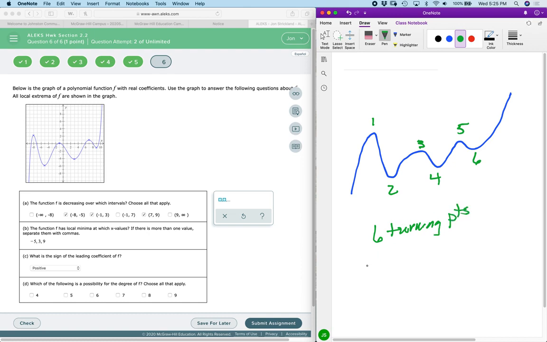And now again, you have your a of n is going to be a positive coefficient. Now, your value n is going to be odd, and it's going to be an odd value that is more than the number of turning points.